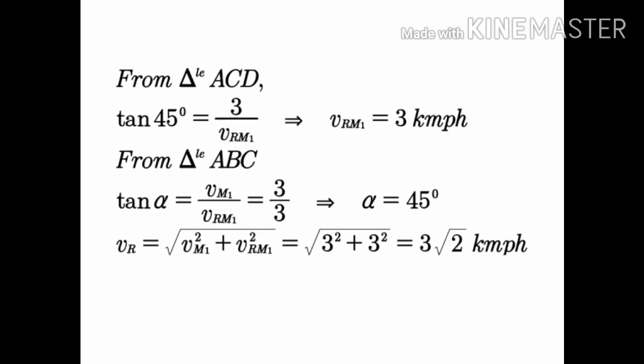From that triangle ABC, tan alpha is equal to VM1 by VRM1, that is equal to 3 by 3. That implies alpha is equal to 45 degrees, and VR is equal to root of VM1 square plus VRM1 square, that is equal to root of 3 square plus 3 square, that is equal to 3 root 2 km per hour. So in that manner, we can solve the problems related to this case 4.